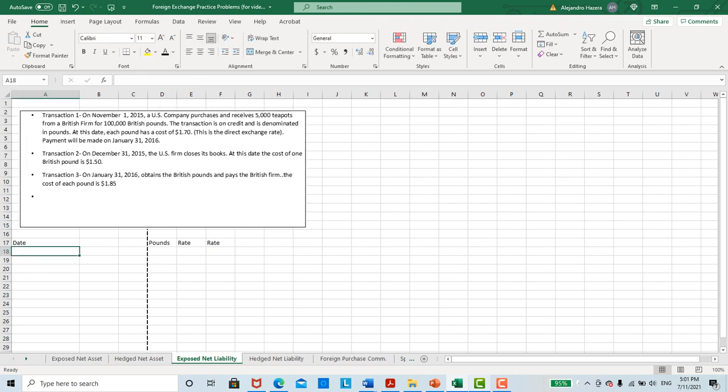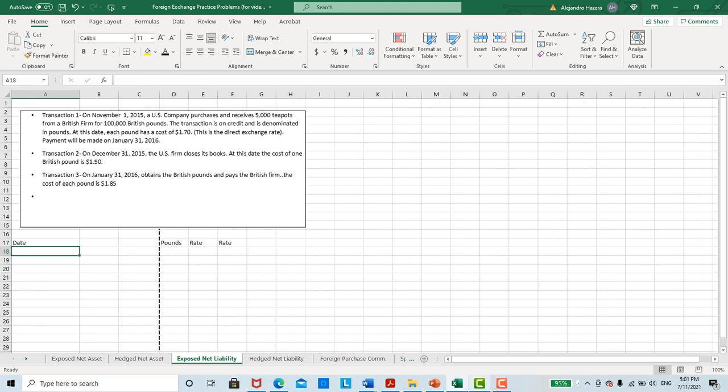Okay, so let's go ahead and pretend they have a perpetual inventory system. The date is November 1, 2015. So we're going to debit inventory and credit accounts payable.